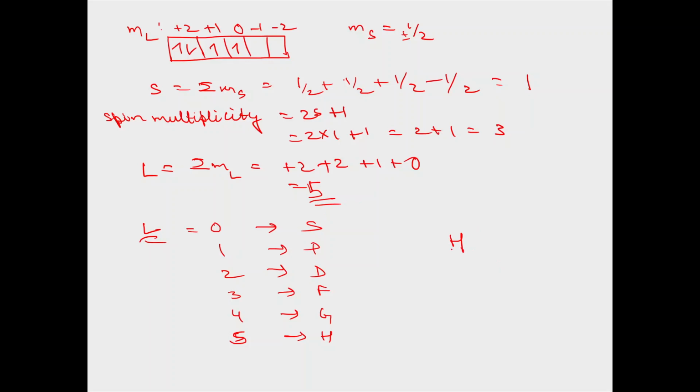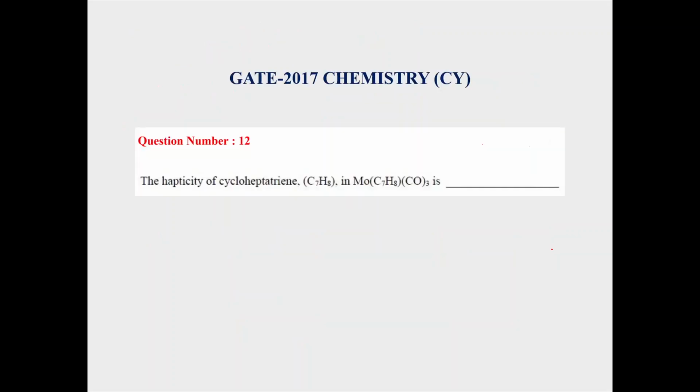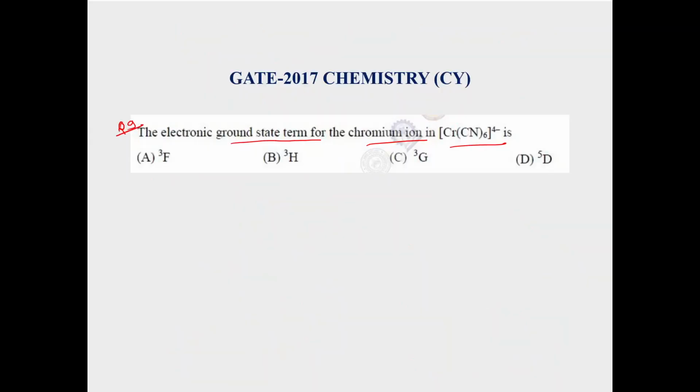So it will be H, and the spin multiplicity, that is 2S plus 1, is 3. So 3H will be the term symbol for the ground state of this chromium ion in CrCN whole 6 4 minus, 3H. That is option number B, the correct option.